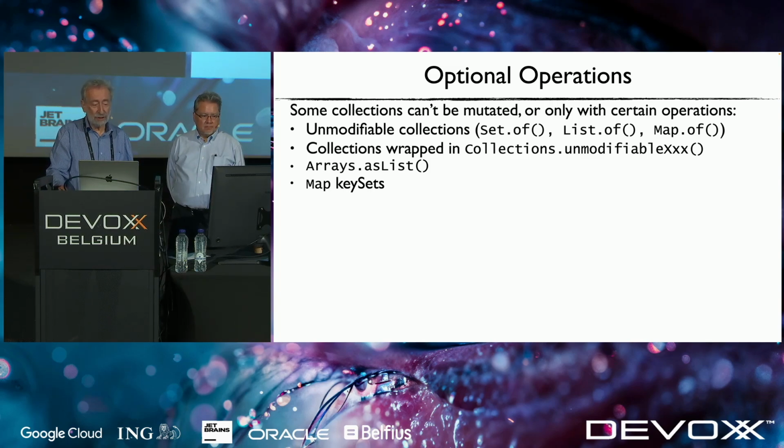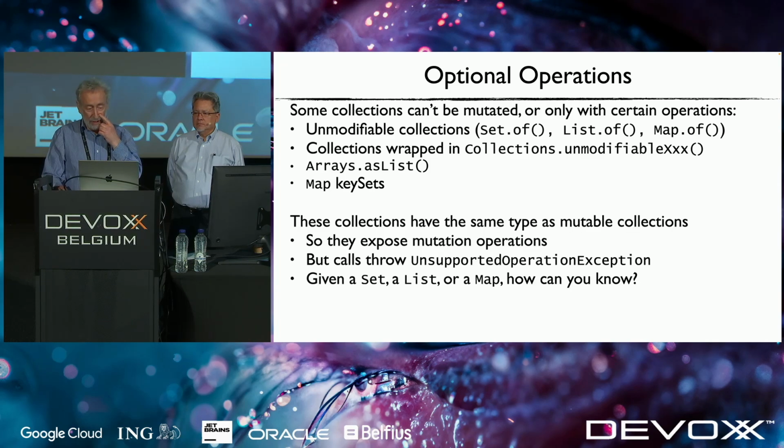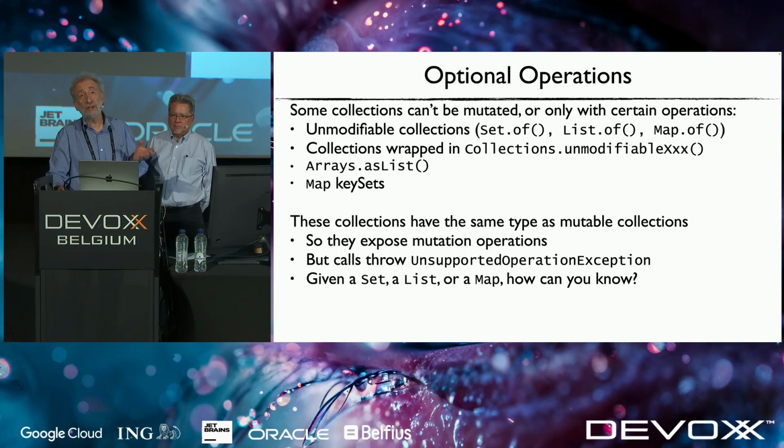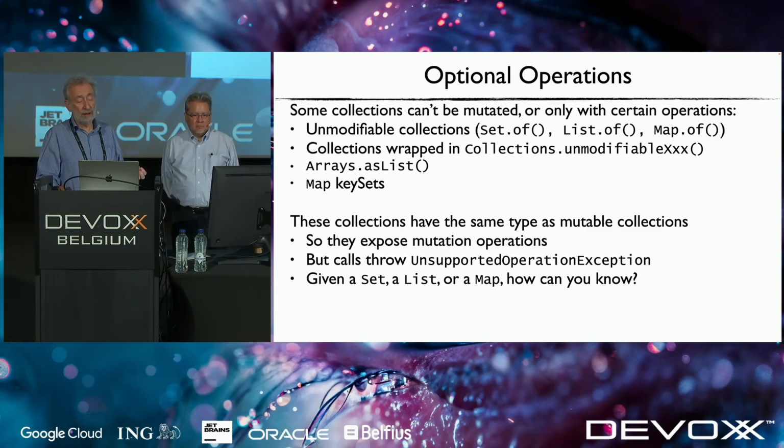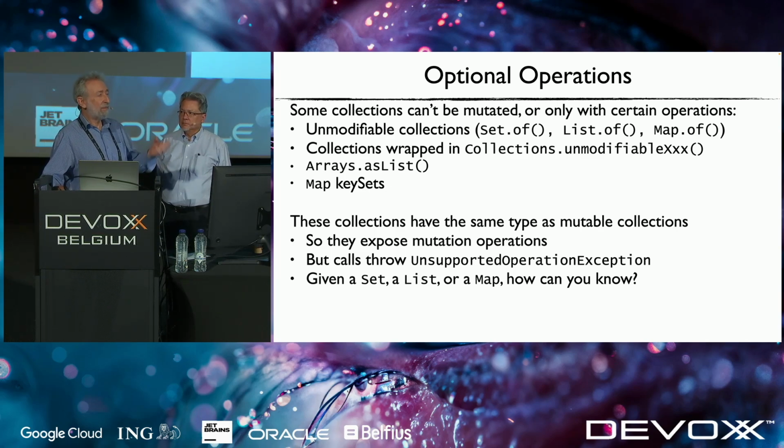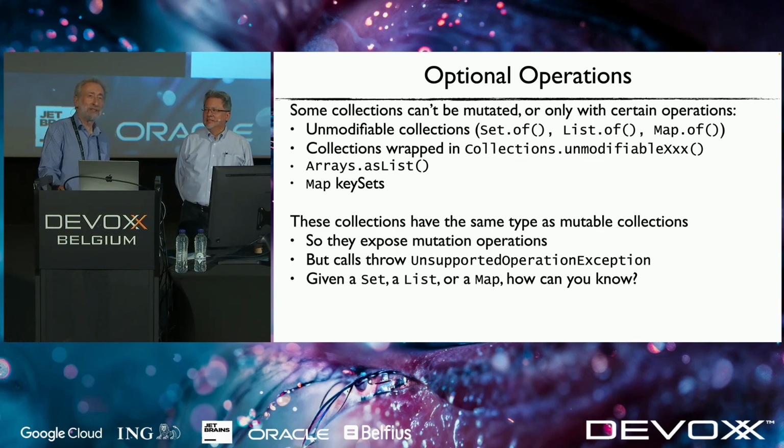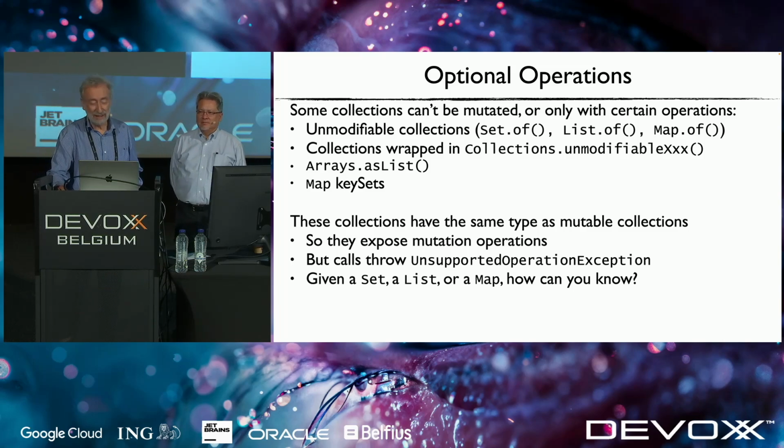And the collections that expose these optional operations have the same type as mutable collections. So they expose the mutable operations. We don't have a special type for the return value from Arrays.asList, which would be something like a fixed-length list, or the return type from calling keySet on a map, which would be an unaddable but removable set, something like that.